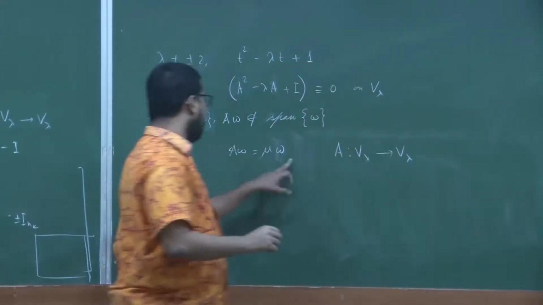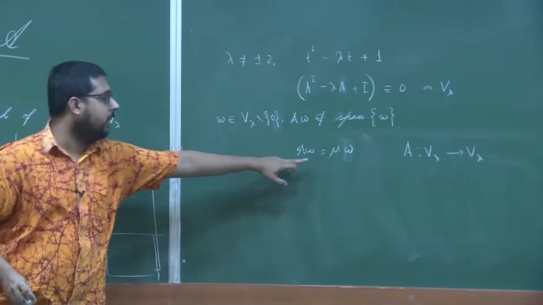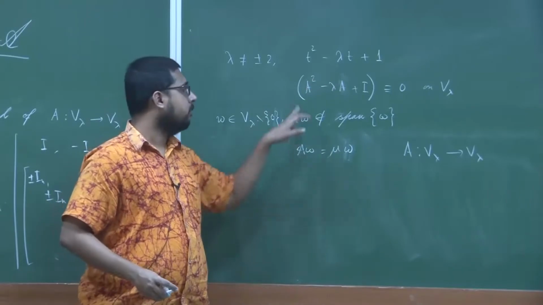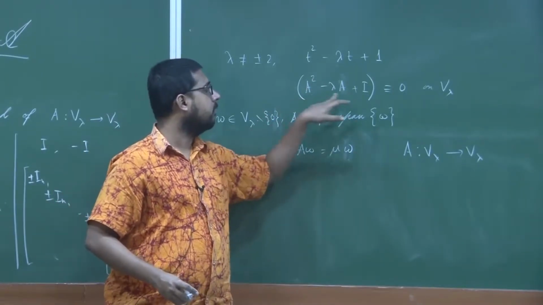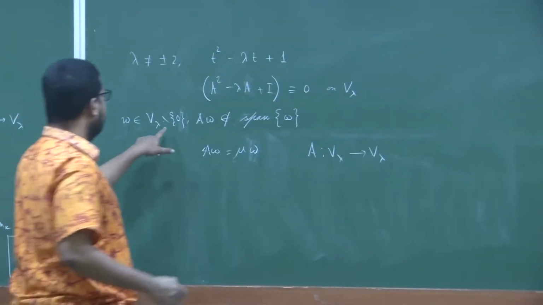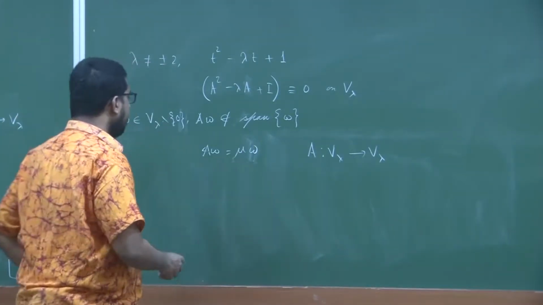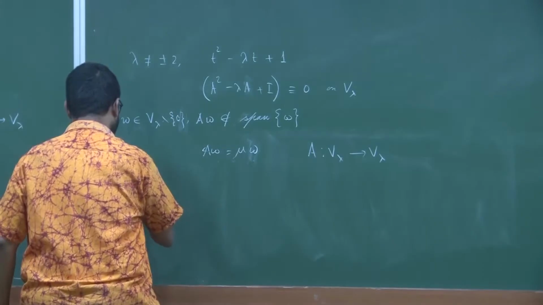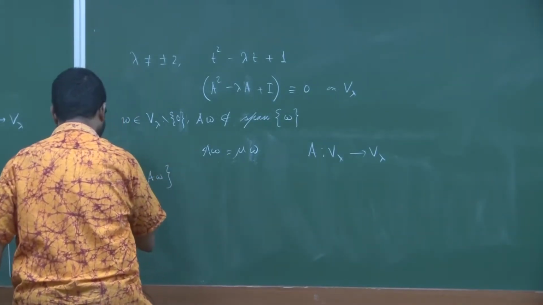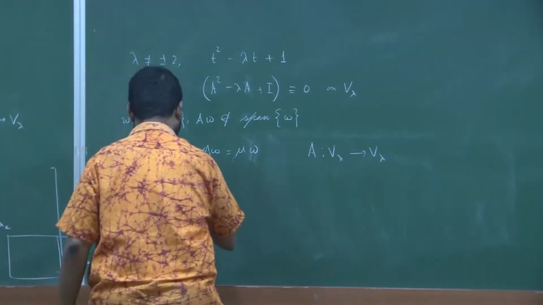If mu is an eigenvalue, then it must be a root of the annihilating polynomial, but we see that it cannot happen. Okay. So, this cannot happen, hence the linear span has dimension 2.